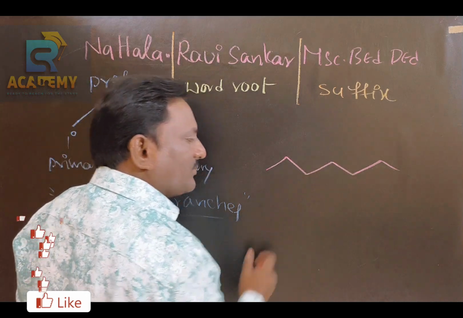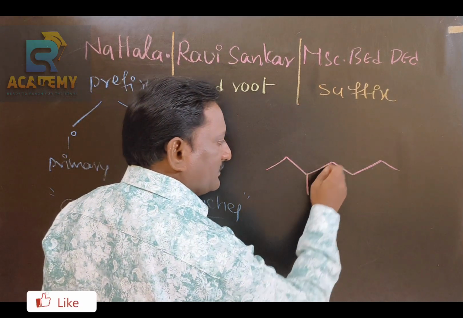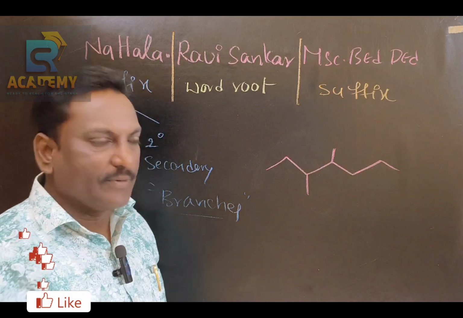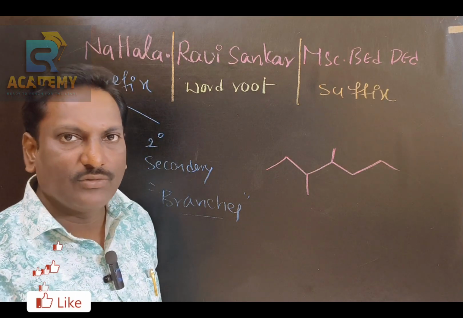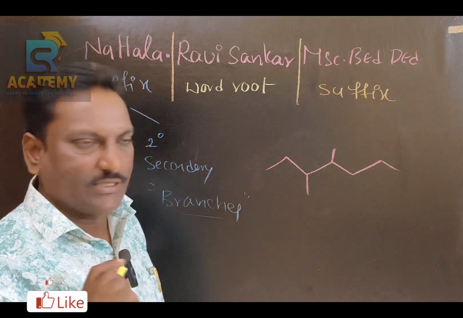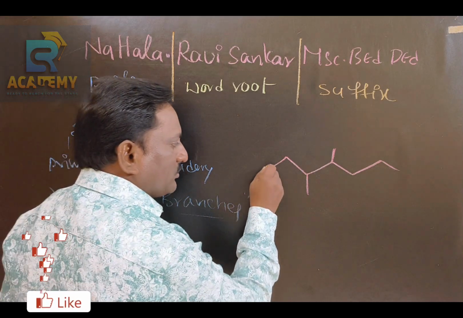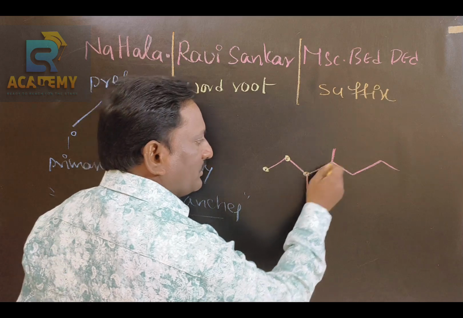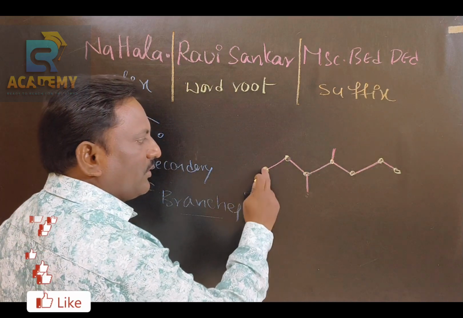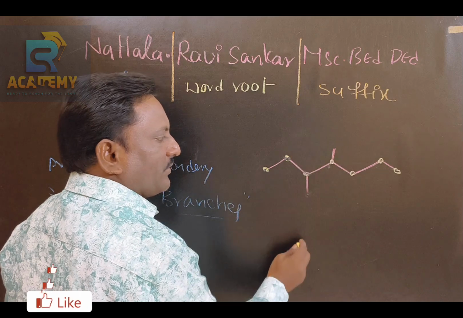So let us assume this is one of the organic compounds like this. While naming the organic compound, we should select the parent chain. Later on, you will get that. No need to worry. Right? So I am selecting this one: 1, 2, 3, 4, 5, 6. 1, 2, 3, 4. 1, 2, 3, 4, 5.